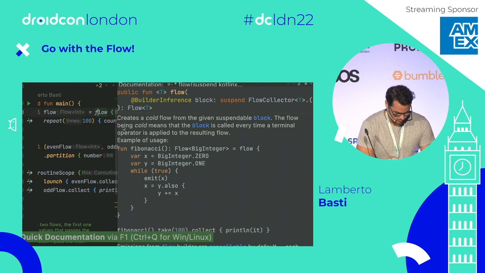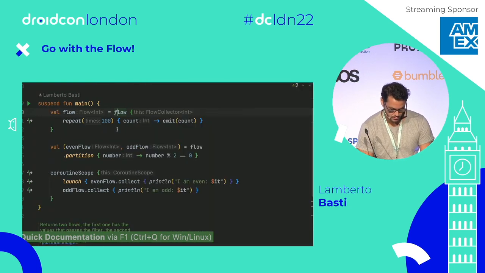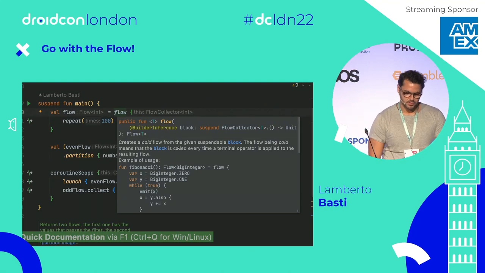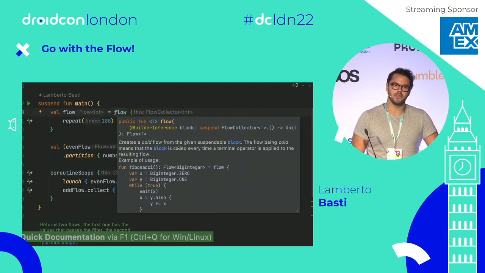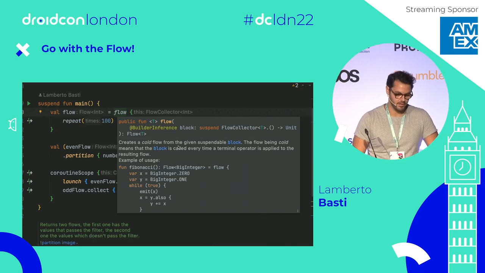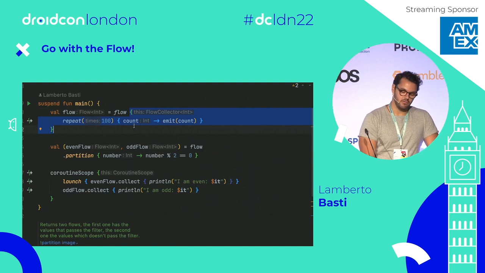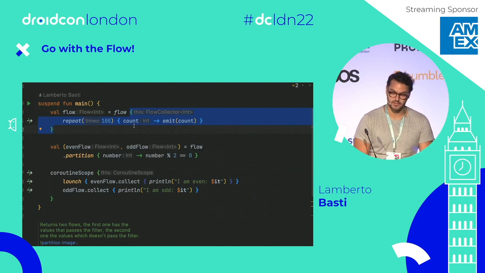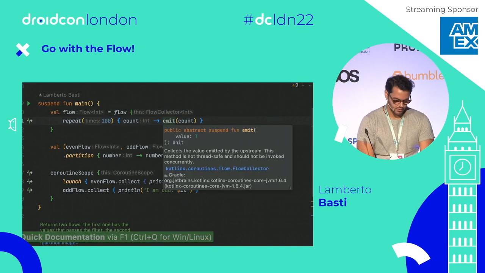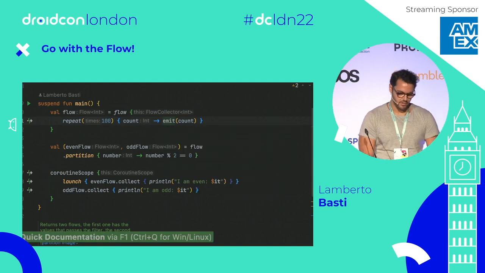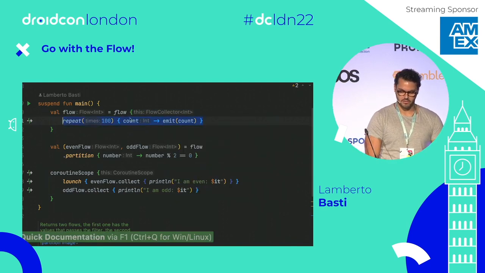It is used to generate a cold stream of elements, where inside this lambda you have a flow collector context. In here, you just have available this emit function. So we are basically iterating 100 times and emitting that number from 0 to 99.